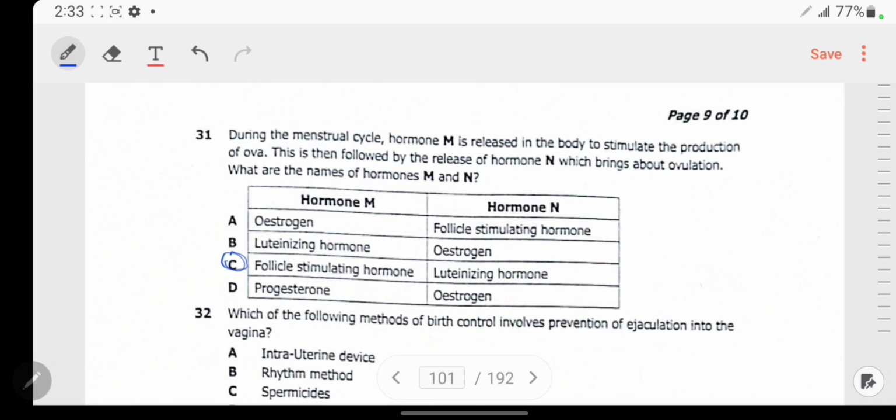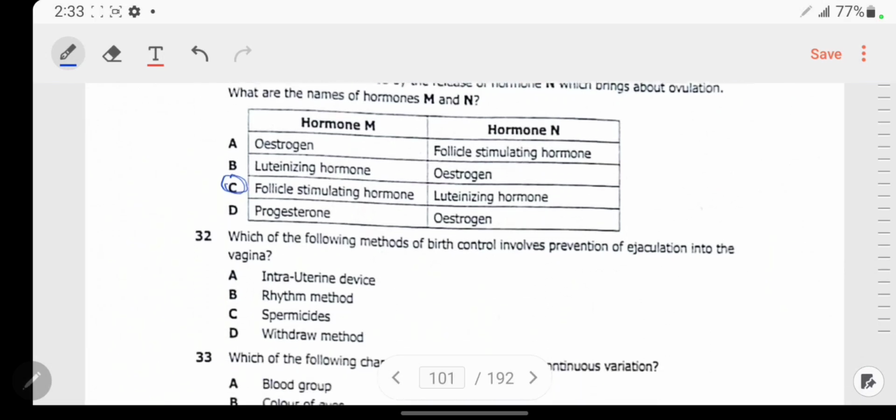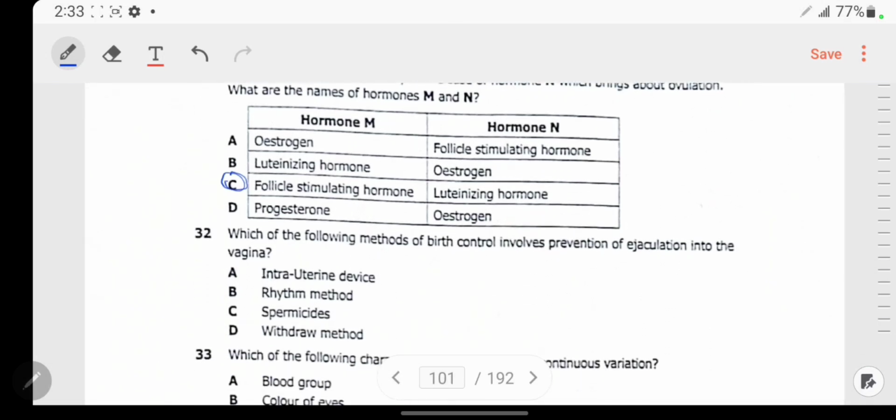Question 32. Which of the following methods of birth control involves prevention of ejaculation into the vagina? So the options, we have the intrauterine device, we also have the rhythm method, we have the spermicide, and the withdrawal method.